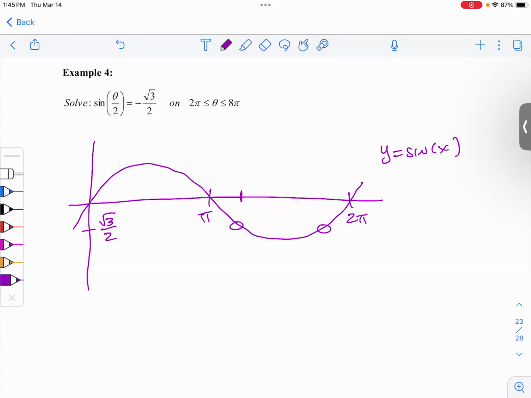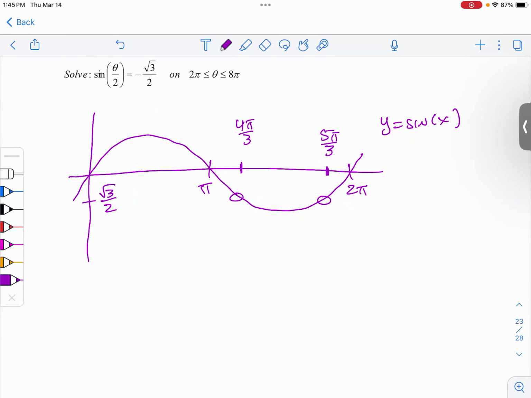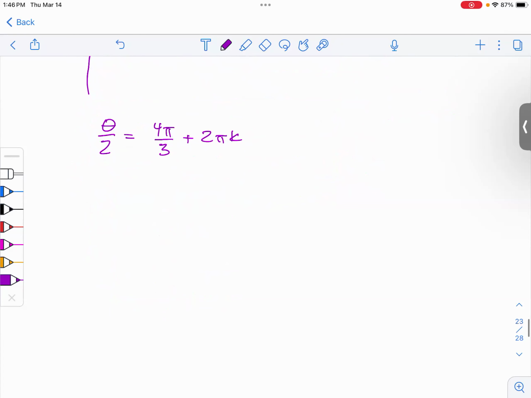We already identified those angles. This one is 4 pi/3. This one is 5 pi/3.